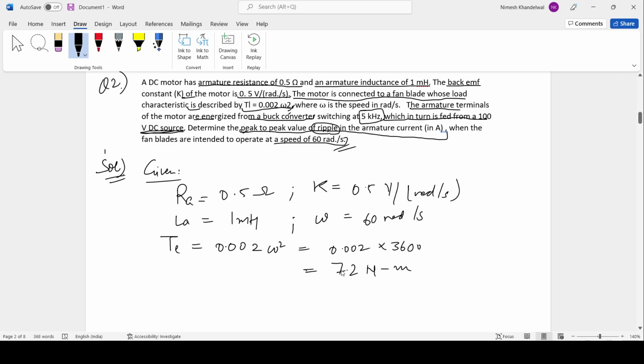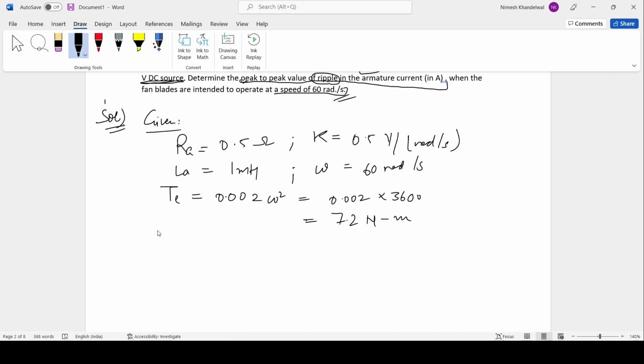Okay, so now what we need is the armature current. We'll calculate the armature current because to calculate the peak to peak ripple, we will need the armature current.